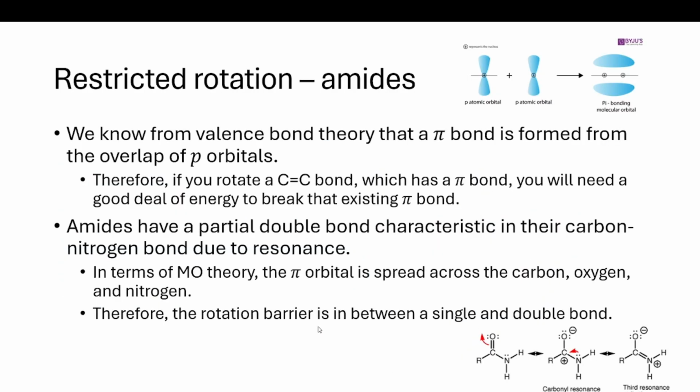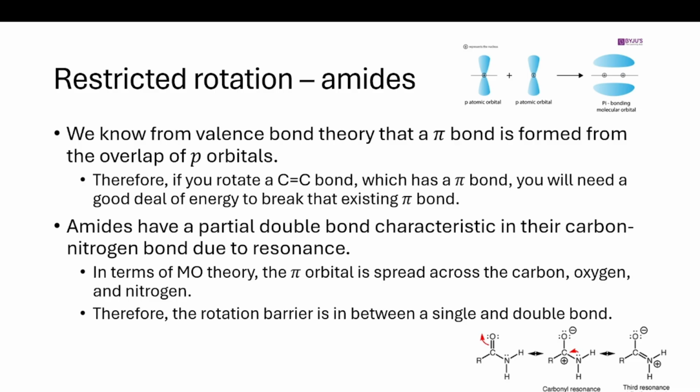All right. Now, I'm going to keep talking about rotation here, and I want to briefly touch on amides. So, we know from valence bond theory that a pi bond is formed from the overlap of p orbitals. And so, in a double bond, we have one sigma bond and a pi bond.